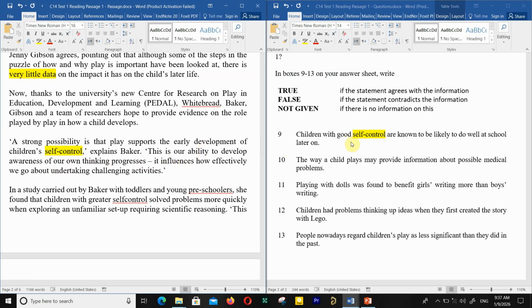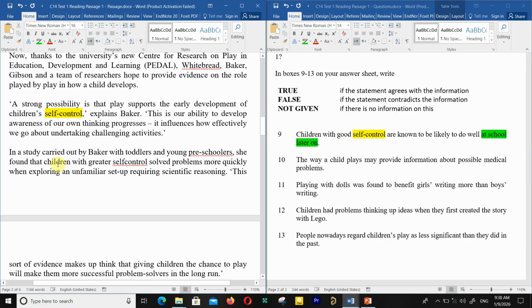Here it says children with good self-control are known to be likely to do well at school later on. Now you had to find vocabulary relating to "at school later on." This is important to look for. I use another color for this one.